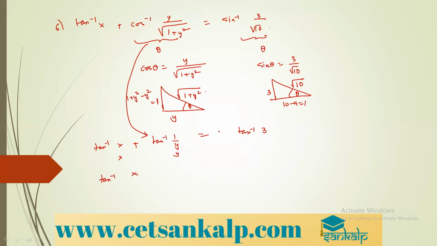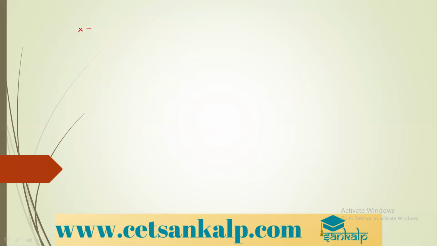Tan inverse of x plus y by 1 minus xy equal to tan inverse 3. You can remove tan inverse on both sides. So you will have x plus 1 by y over 1 minus x by y equal to 3.